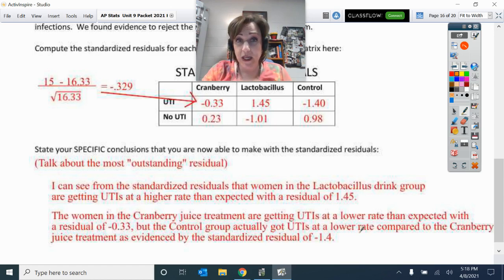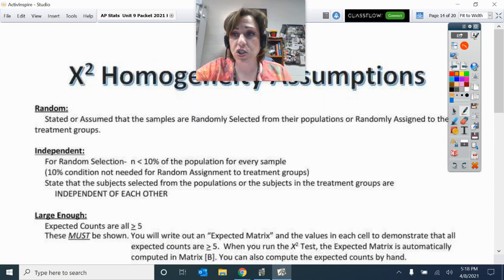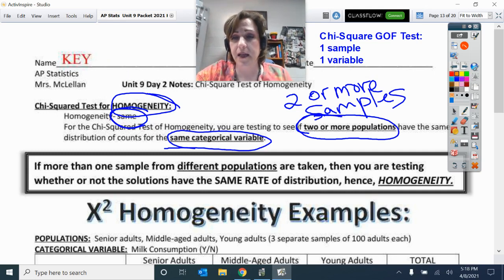In summary, the standardized residuals give you more detailed information about the specific components within that matrix, because we had multiple variables at play: the type of treatment, and the variable of getting the urinary tract infection or not. So, chi-squared test of homogeneity: multiple samples from the populations that we are testing with one variable.